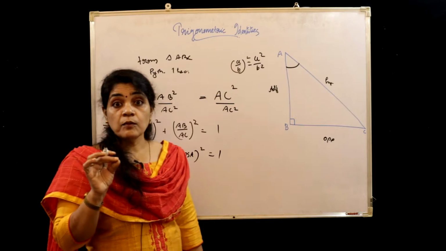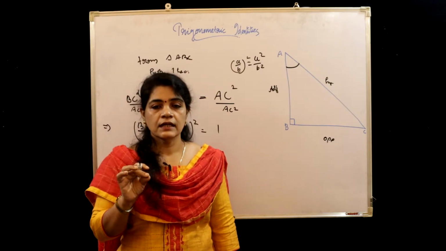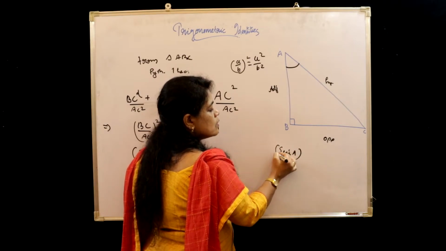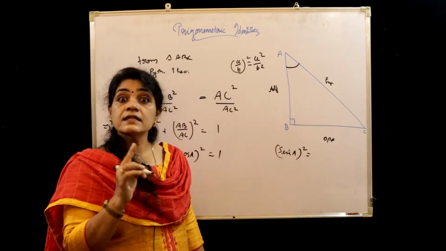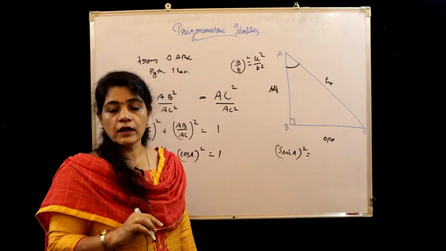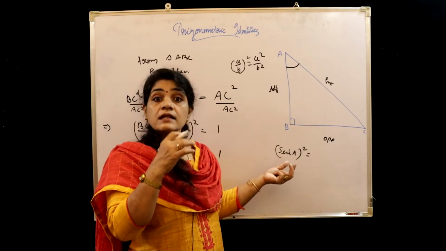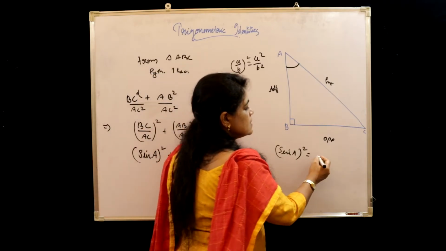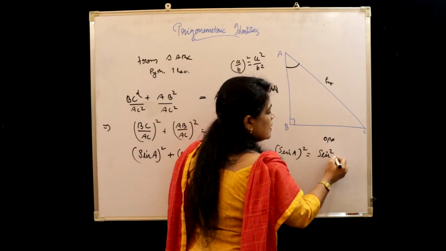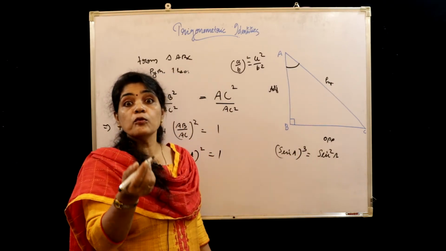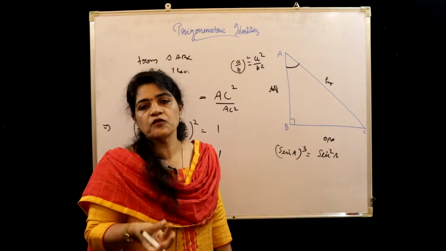Here comes a very important result. Note that sine A whole square is sine square A. Don't write sine square A square. We are squaring this ratio, that is sine square A. The same way, sine A whole cube is sine cube A. There is no change for that reference angle.